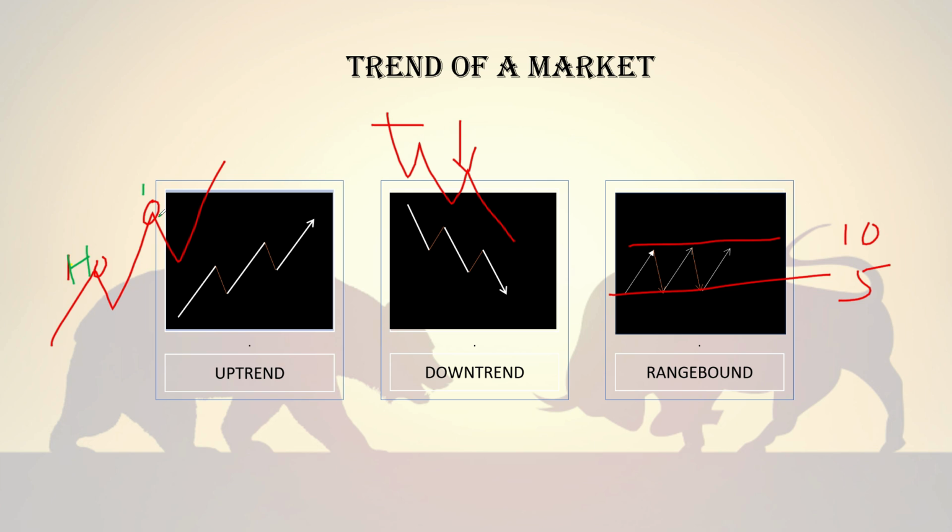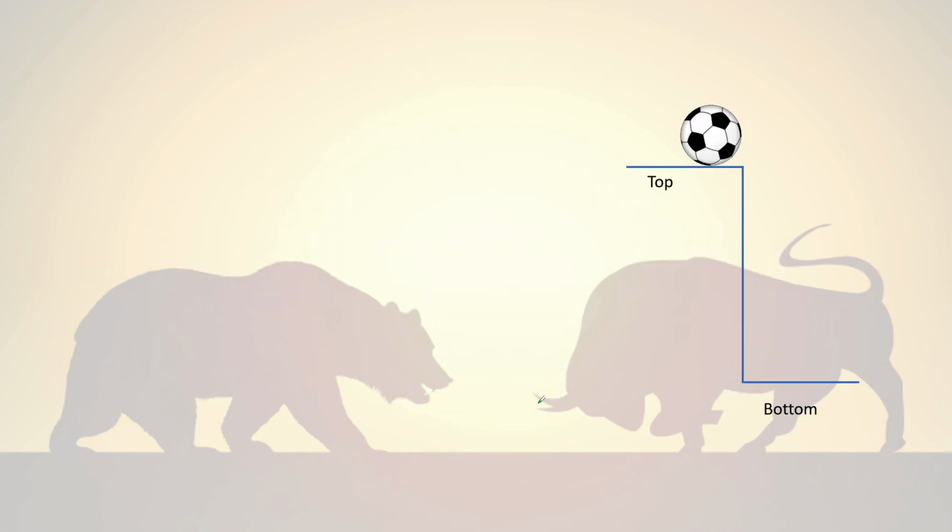It is called higher high. Similarly, in lower low, the low closes below its previous lower low. This type of formation is called a downtrend market, or lower low. So in a downtrend market, it is lower low. So I've discussed the trend of a market.